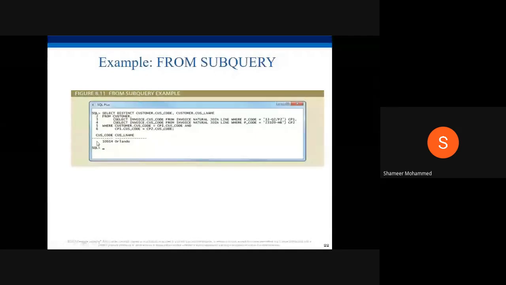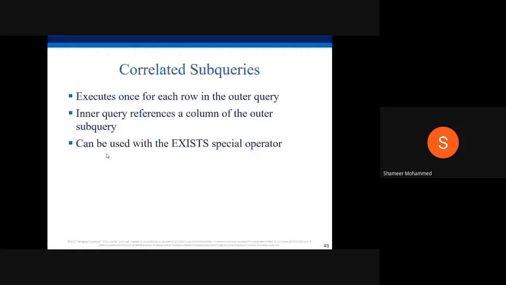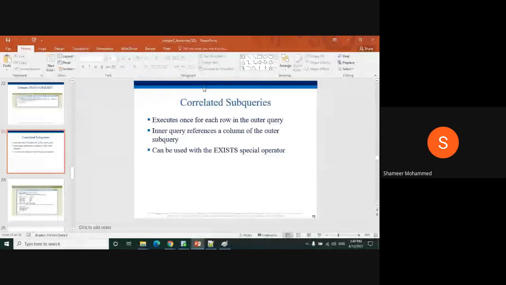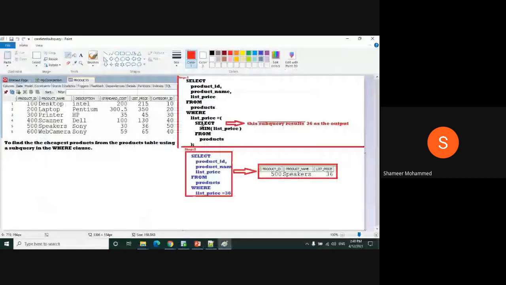Okay. Next topic is correlated queries. It means it will execute one time for each row in the outer query. I told you the subquery contains, this is the subquery, this is the outer query. So this subquery will execute once.